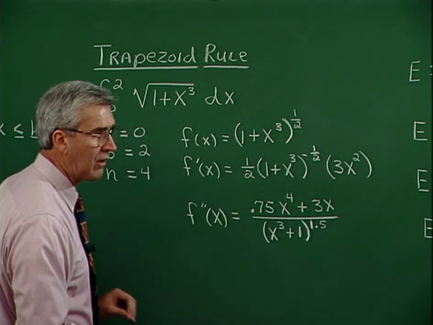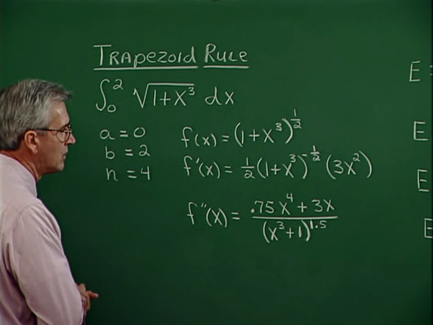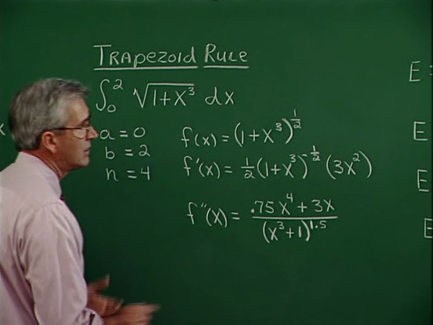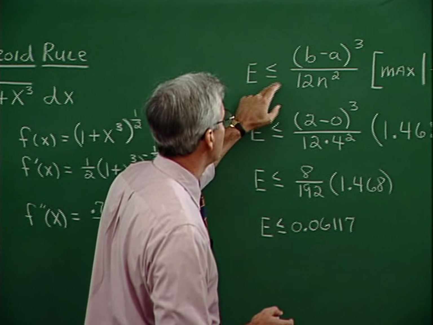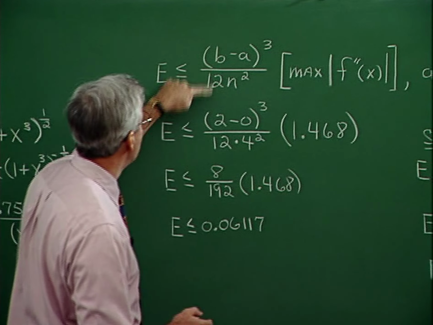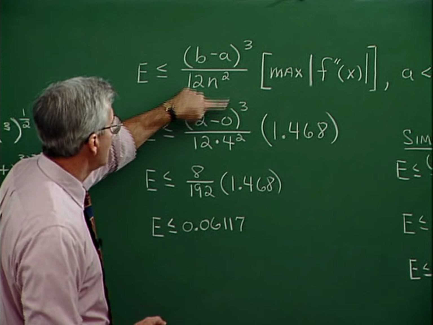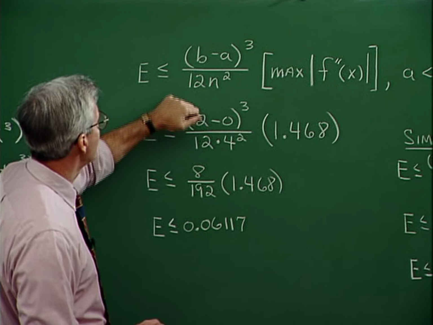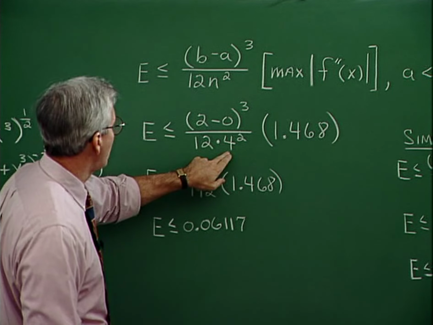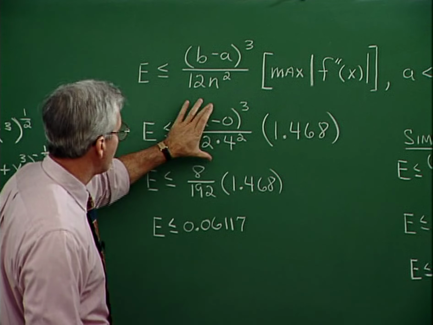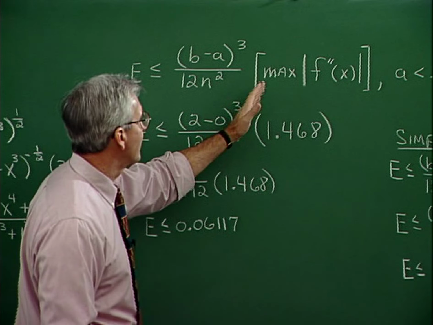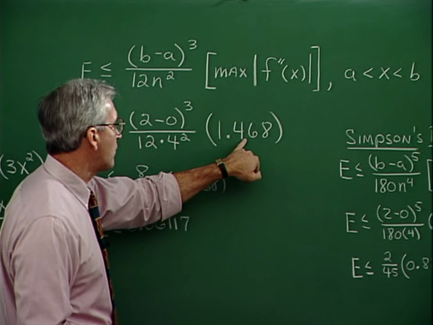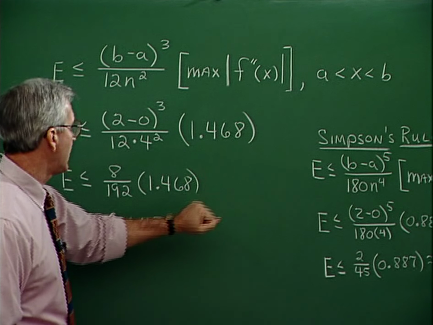Now, I constructed the graph of this, and I found the maximum value along the interval. And this is what I got when I began to calculate the error. The error is less than or equal to, now it's b minus a cubed. The b is 2, the a is 0, and we're cubing here, so we're cubing 2. And then in the denominator, the n is 4, so it's 4 squared. Now, for this part of it, it's 8 over 192. Now that maximum value I found to be 1.468 in that interval.